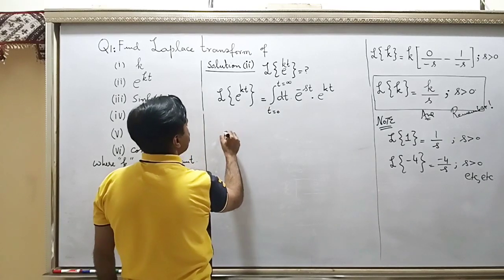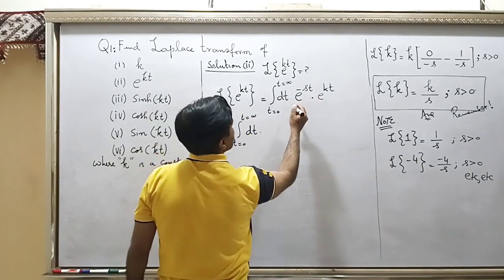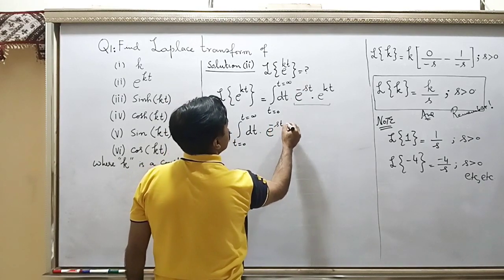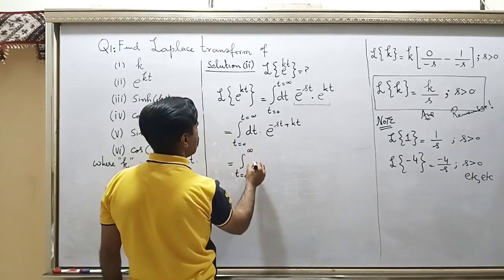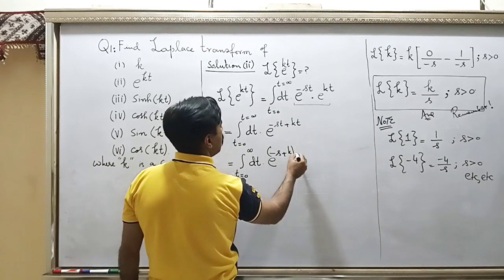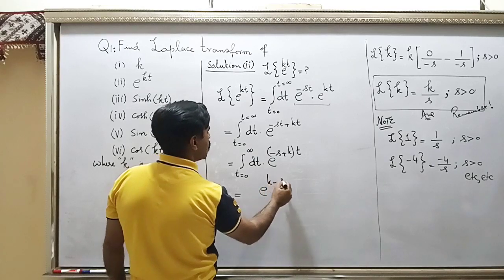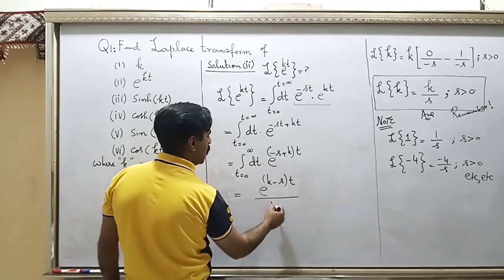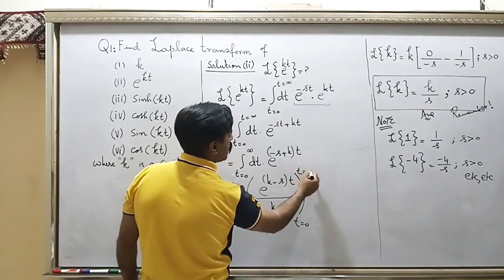Now simplify this integral. This is 0 to infinity dt, and this exponential will simplify to e to the power minus st plus kt, and in the next line, integral from 0 to infinity dt of e to the power minus (s plus k) into t, and so the integral will be e to the power (k minus s)t divided by k minus s, with the limits from 0 to infinity.